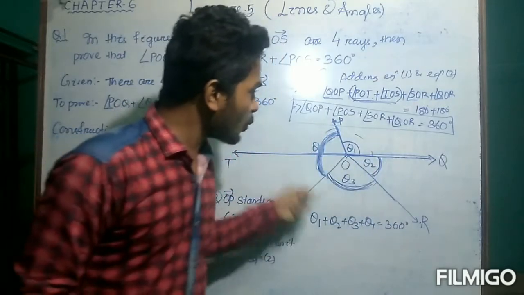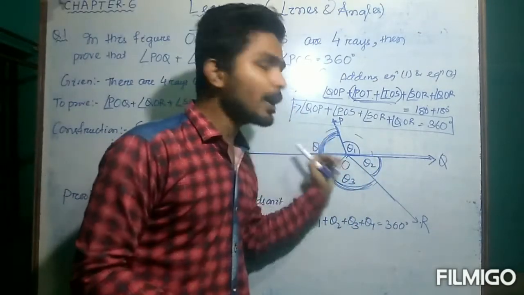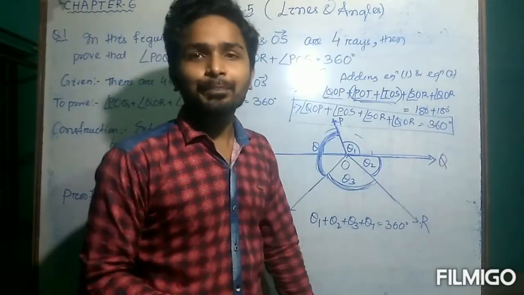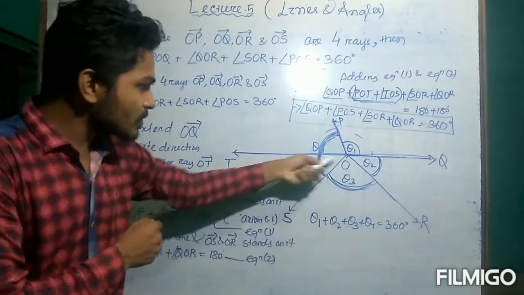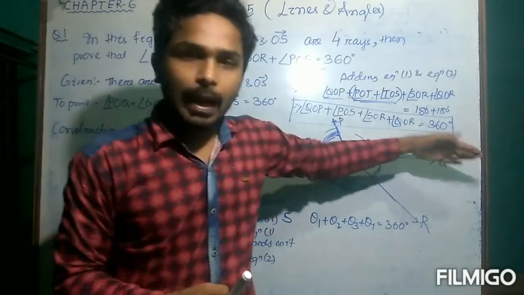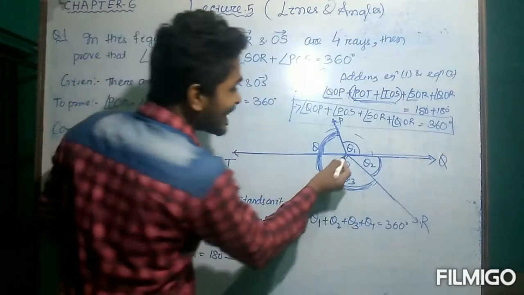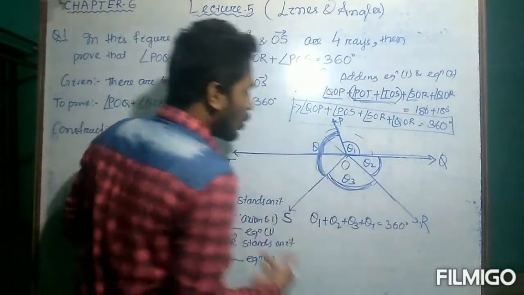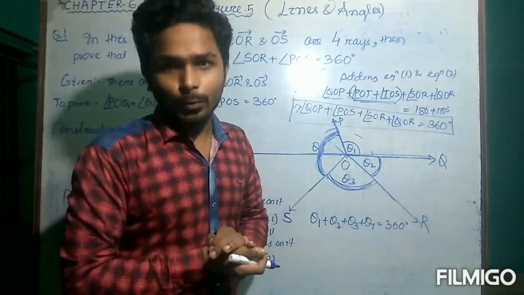Hence the sum of all the four angles formed by the four rays coming out from the same common point is equal to 360 degrees. And it has been proved. So in order to prove it, you have to first construct a ray so that you will get a straight line. Either you can extend OQ, or you can extend OR, or you can extend OS, but you need a straight line to prove it.